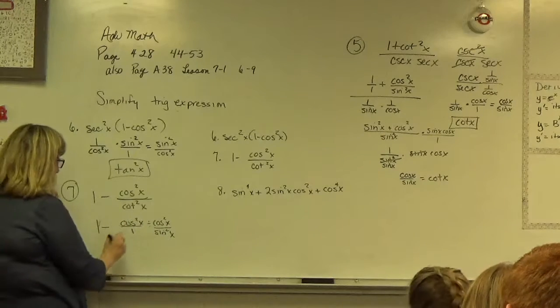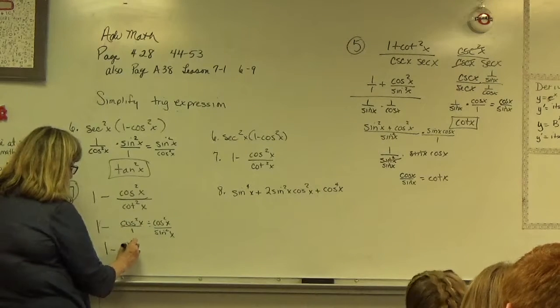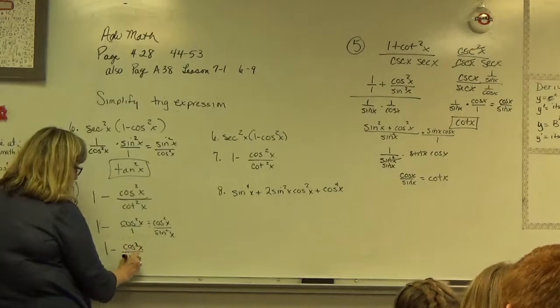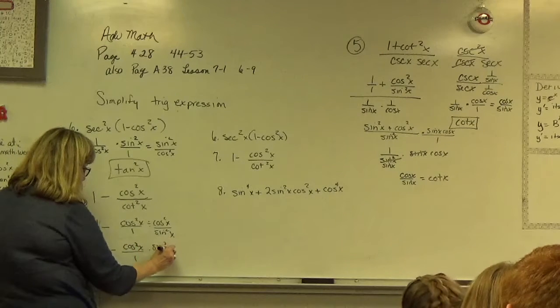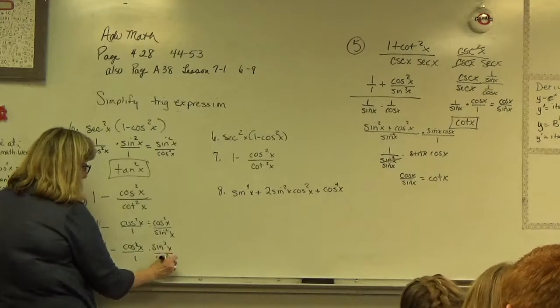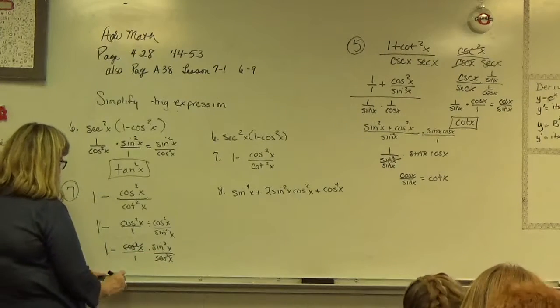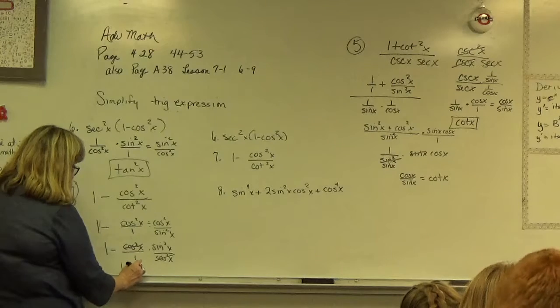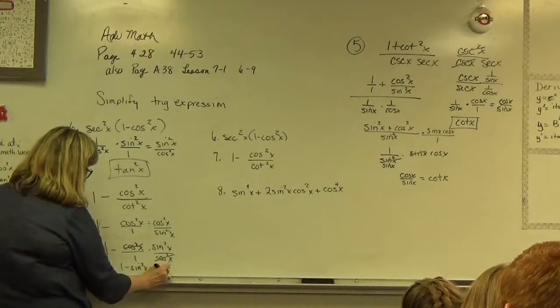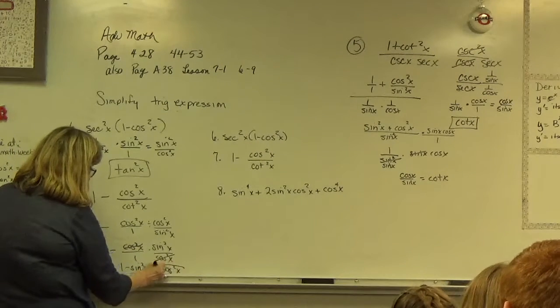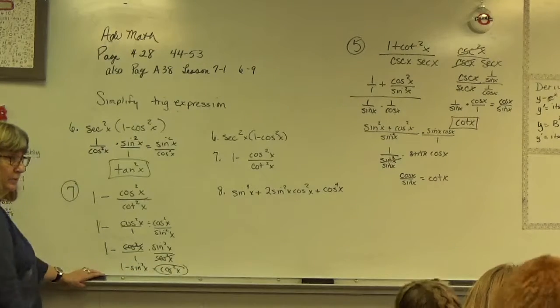So what do I do when I divide? You multiply by the reciprocal, which means sine squared x over cosine squared x. You have to multiply before you can subtract. Then the cosines can cancel, so I'm left with 1 minus sine squared, which is cosine squared. Everybody with us?